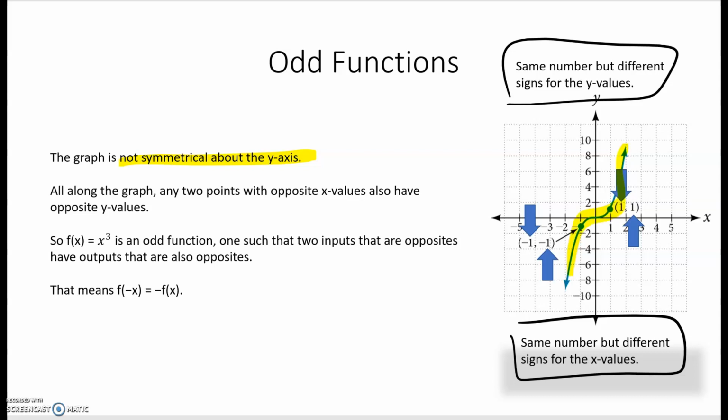This is f of x, x raised to 3, or x cubed. Now notice here, okay, I have an x here, one's negative, one's positive. But now look at my f of x. One is positive, one is now negative. Okay? So that's the difference between your even and odd functions.